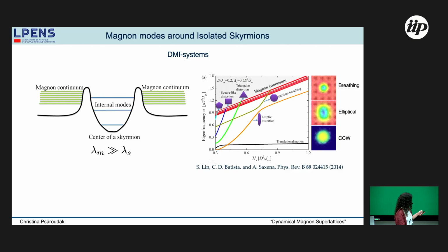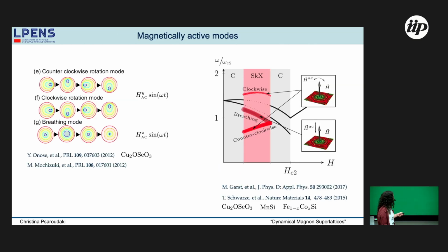Now, from these localized states, a few are important because they are magnetically active. That means that we could put AC fields to activate them. If we want to activate the clockwise or counterclockwise rotation of the mode, they have a finite in-plane magnetic moment, and they can be activated by in-plane magnetic fields.